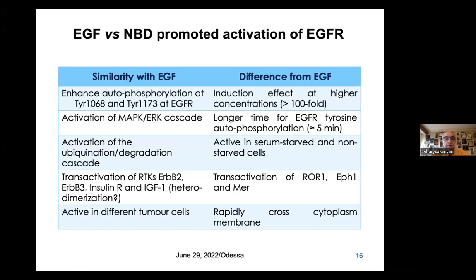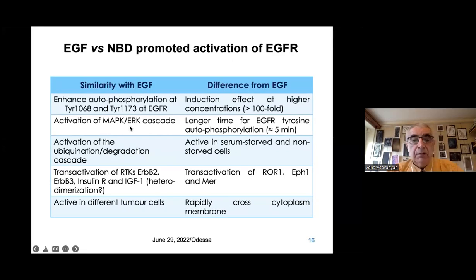First of all, similarity: we have observed that at least two tyrosine residues in EGFR can be phosphorylated by EGF and MBD compounds. We have activation, which was studied in detail, of the MAP and ERK cascade signaling pathway.